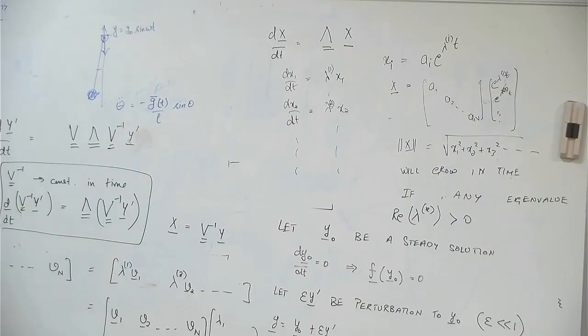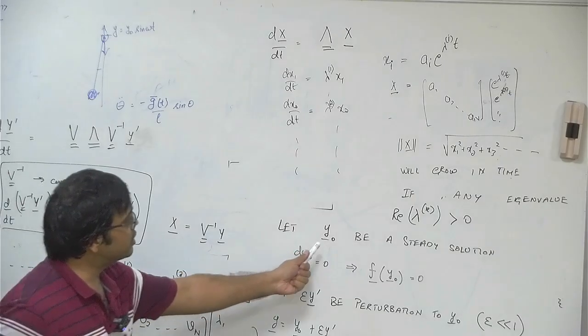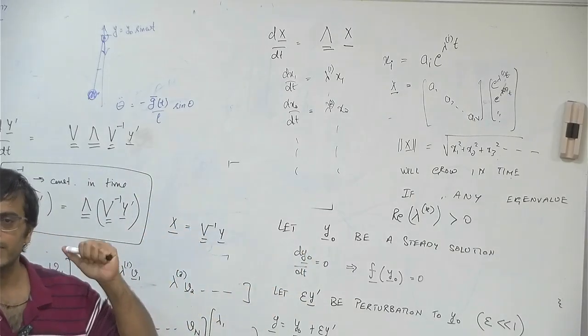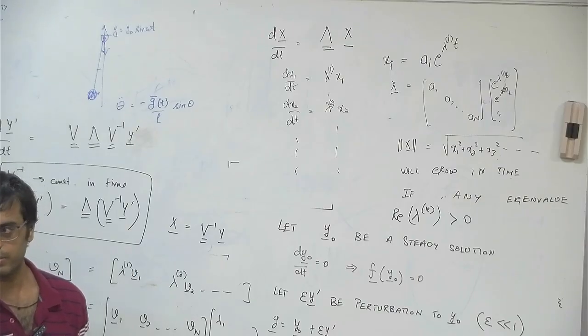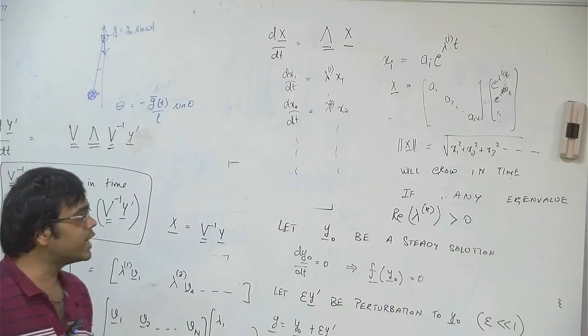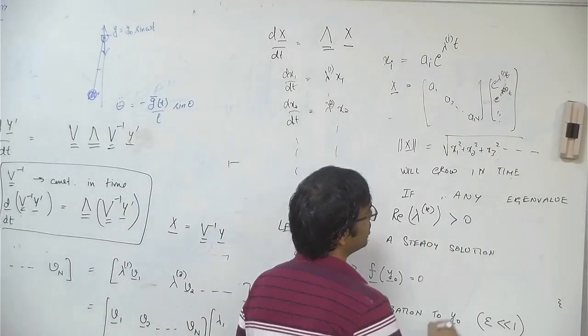And if that is the case, then you say that the steady solution y naught is an unstable steady solution of your dynamical equation, linearly unstable solution of your dynamical equation.